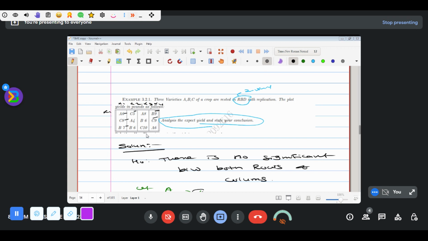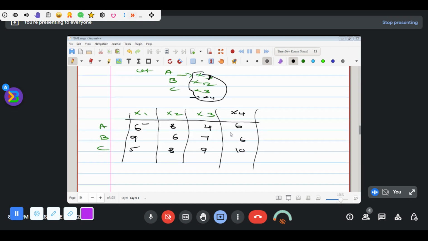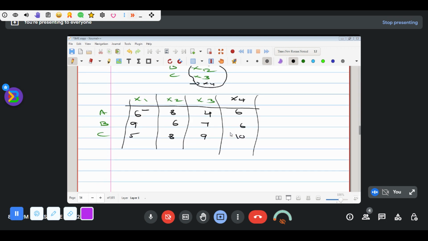And also the next one, A value 6 and B value 6 and C value 10. That table I am entering here.